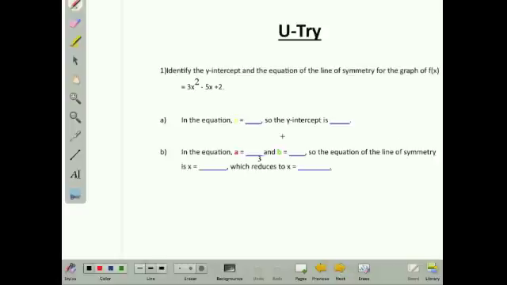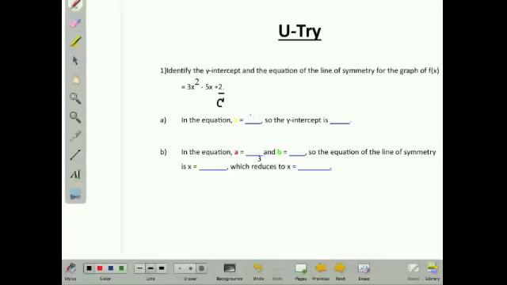So let's go through this. We have an equation, y equals 3x squared minus 5x plus 2. In this equation, the letter c is right here. And that's important because it tells us where it crosses the y-axis.